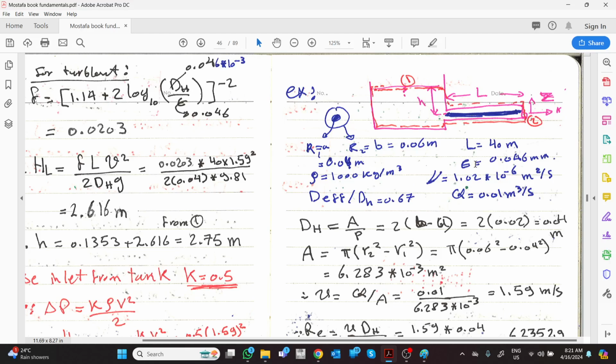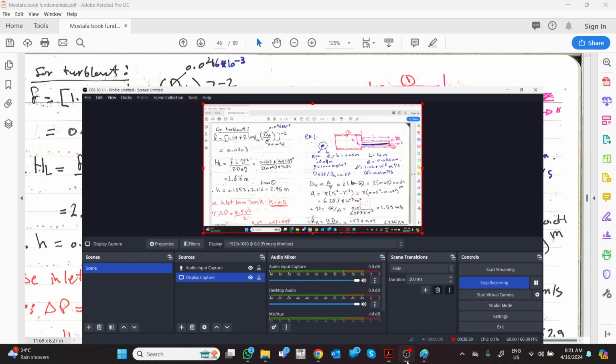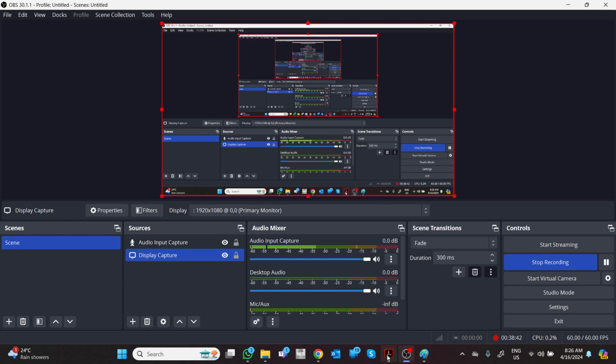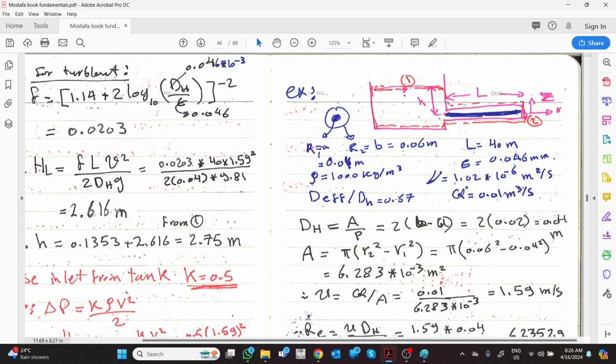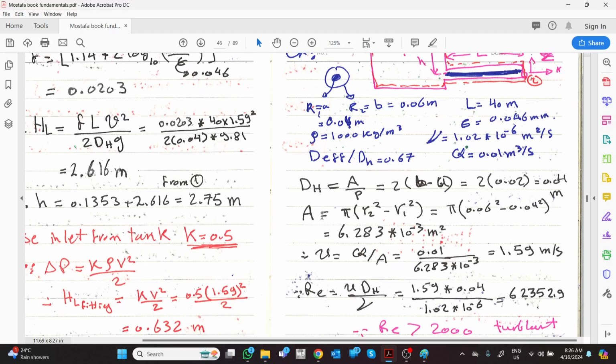You have the epsilon for roughness coefficient, and so it is very simple. If I have all of this information, I can calculate hydraulic diameter. I can calculate the area, which is this one minus this one. I can calculate the velocity.